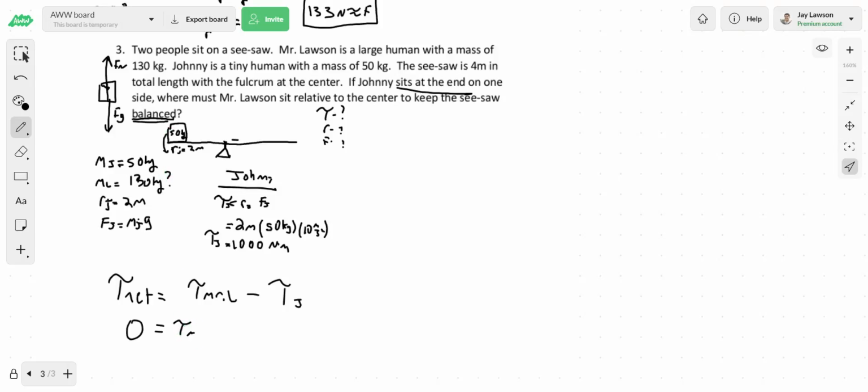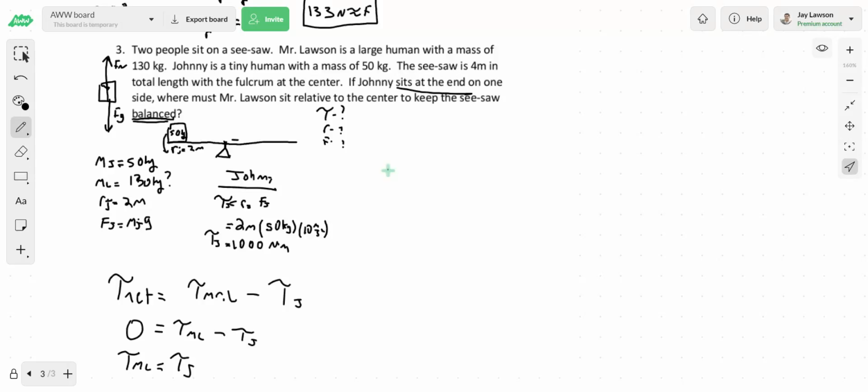So the torque of Mr. Lawson minus the torque of Johnny is equal to 0. Therefore, to keep it balanced, we must be producing the exact same torque. The torque of Johnny is going to be equal to the torque of Mr. Lawson.